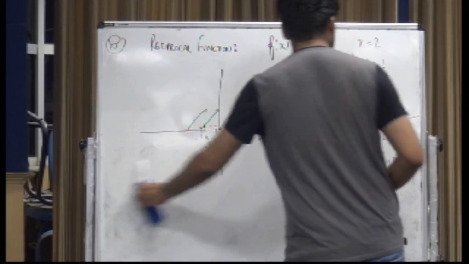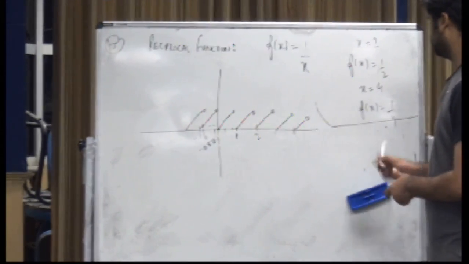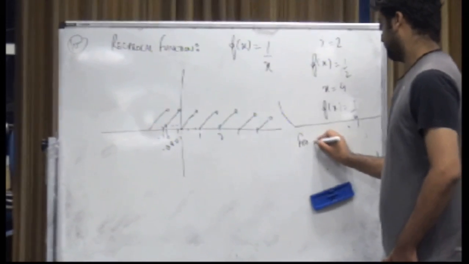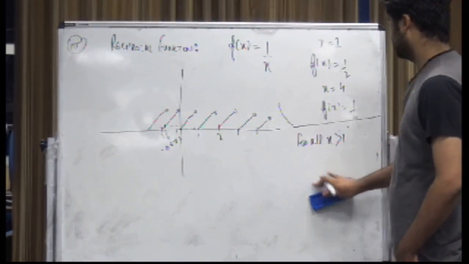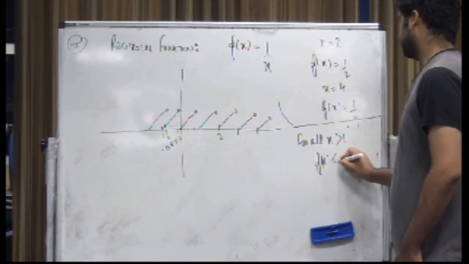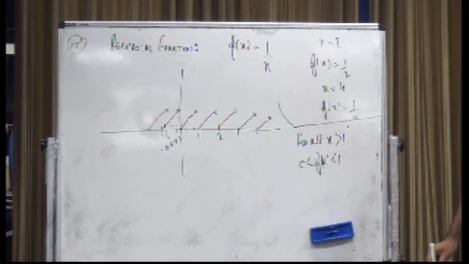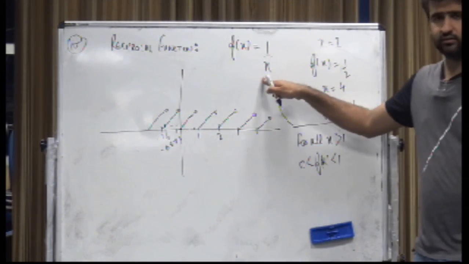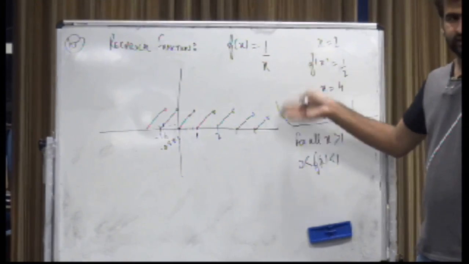Now in the case of the reciprocal function, for all values of x greater than 1, f(x) will be smaller than 1. Just see this very carefully. As you keep increasing the value of x, f(x) keeps decreasing.